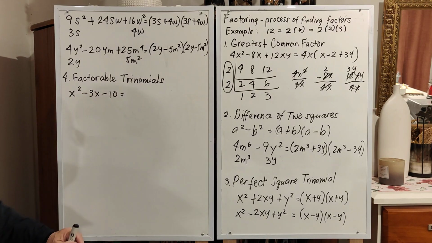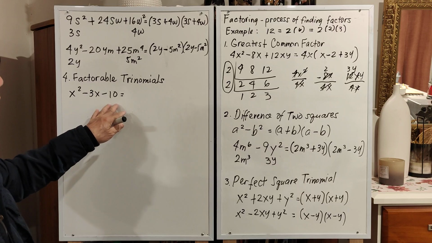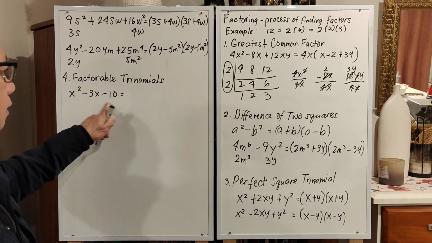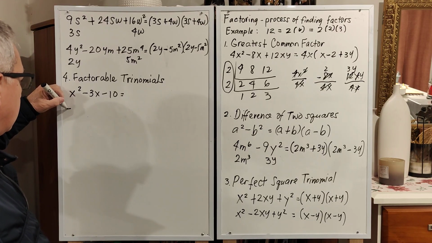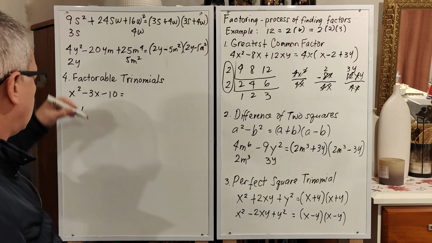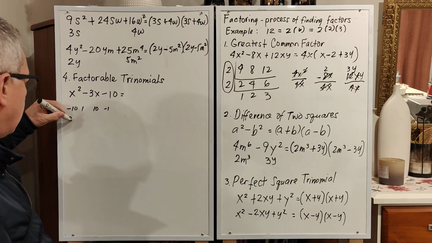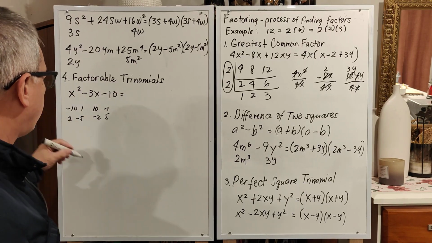Factorable trinomials. We can factor this trinomial by a trial and error method. So let us first think of the factors of negative 10. Negative 10 can be negative 10 times 1 or 10 times negative 1. It can be 2 times negative 5 or negative 2 times 5.